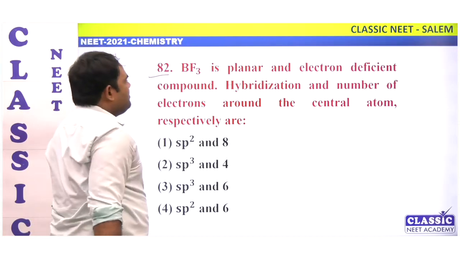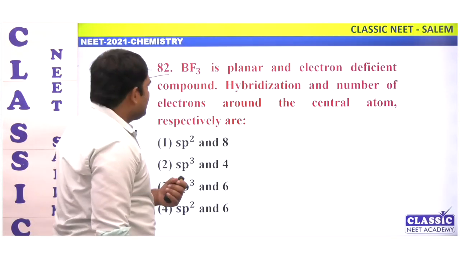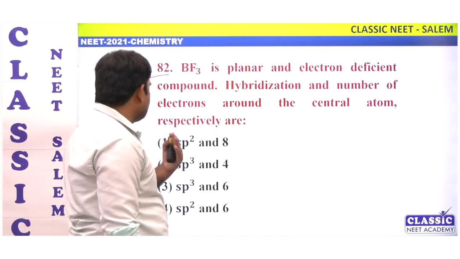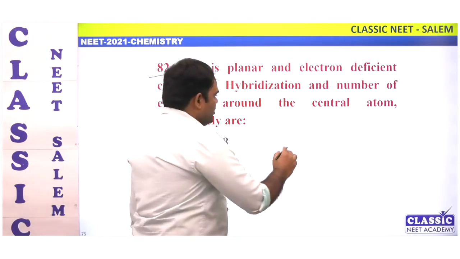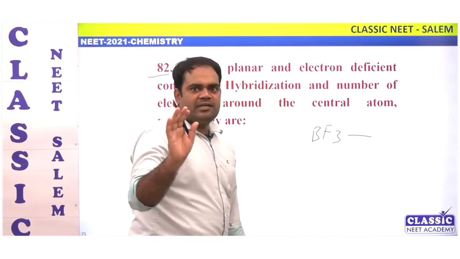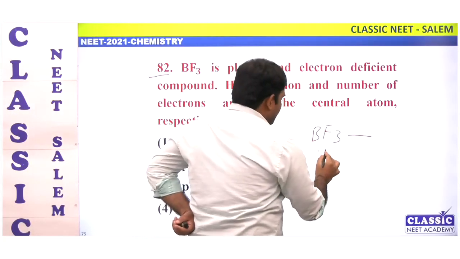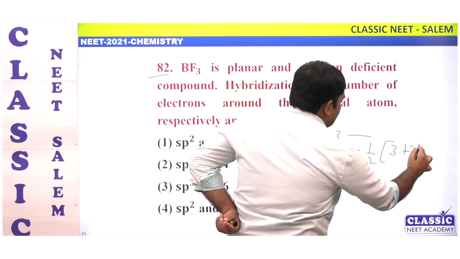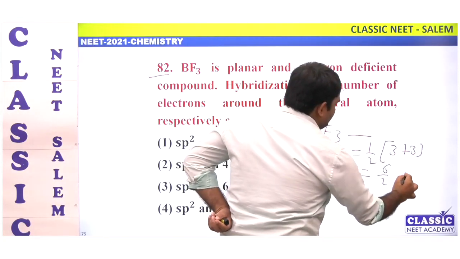82. Here it is given that BF3 is a planar and electron deficient compound. Hybridization and number of electrons around the central atom, respectively. So look here, in BF3, what is the hybridization? Firstly we have to find out the hybrid orbital. Finding the hybrid orbital: 1/2 (3 + 3), here 6/2 is 3.